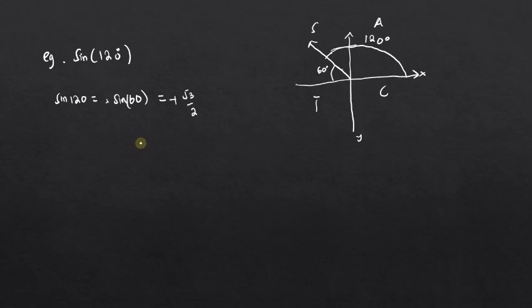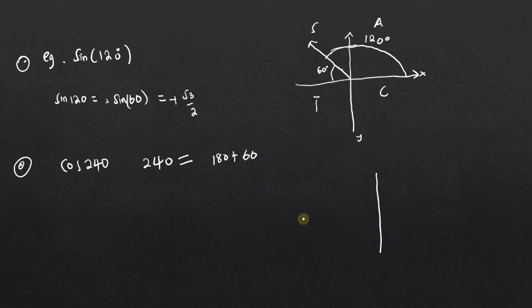Now let's look at another example, maybe where the whole thing will become negative. Let's call that example one, and go to example two. Let's check cos 240 degrees. 240 degrees, if you simplify it, is 180 plus 60 degrees. So when you draw it, you draw a full 180 degrees, then you draw another 60 degrees.